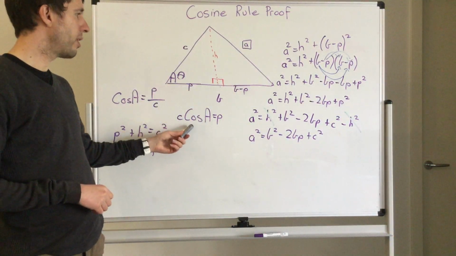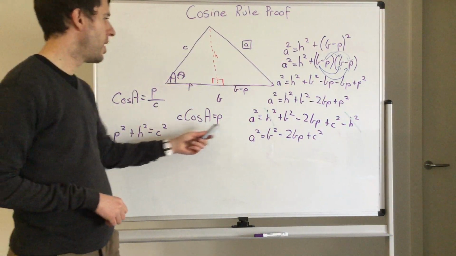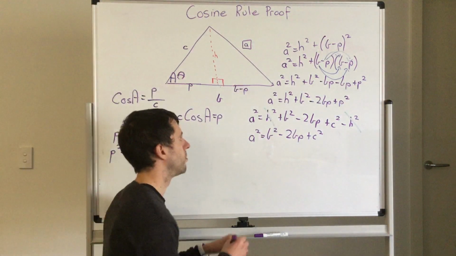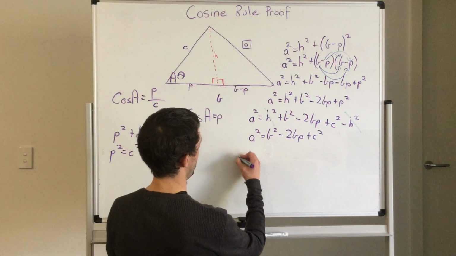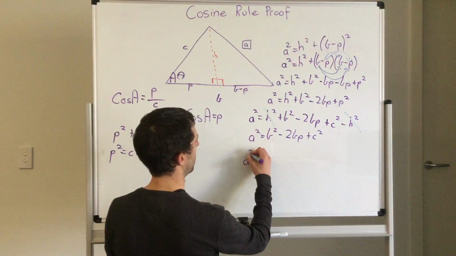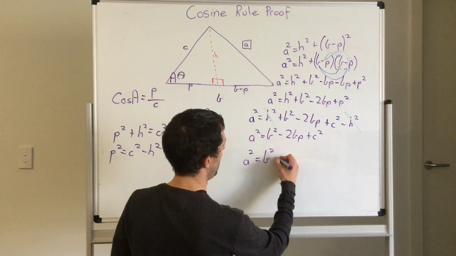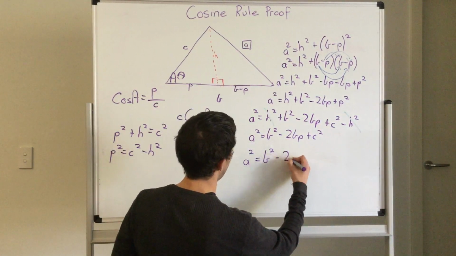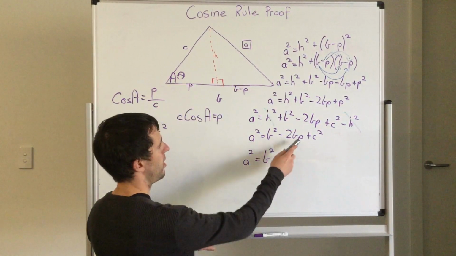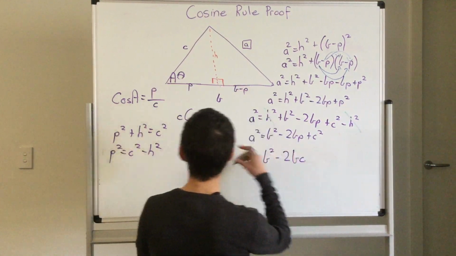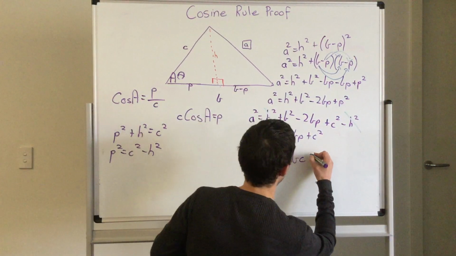So now I'm going to use this equation in place of P. And it becomes A squared equals B squared minus 2. Now, remember, 2BC, I've got C there.